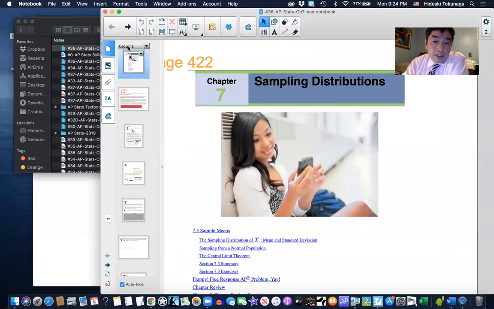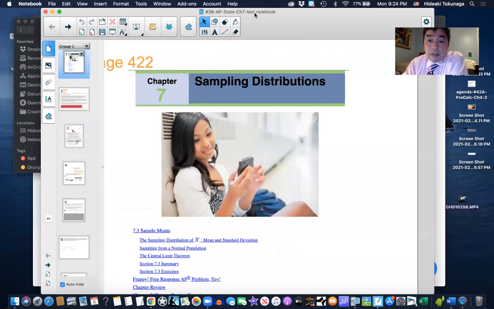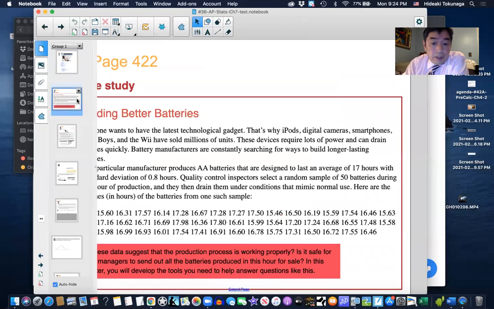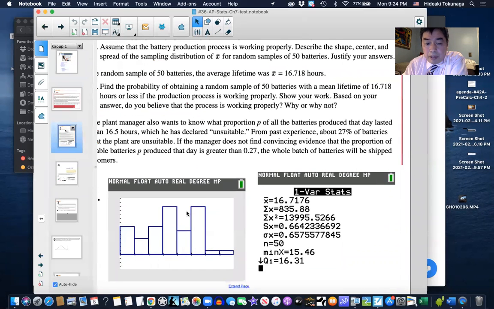Okay, so let's see. This is the test review. I think in the first video I asked you to enter this. In the second video, maybe you create the histogram and also the one variable stats test, and we describe these.